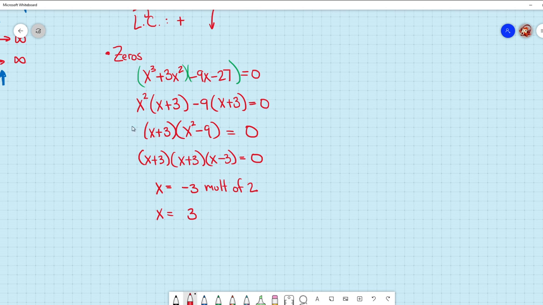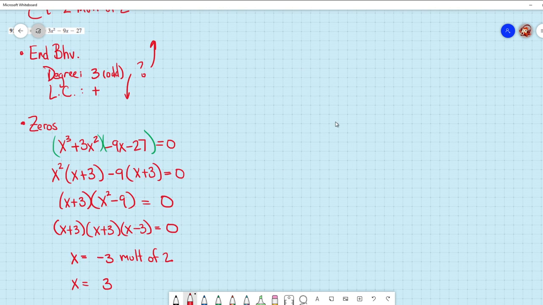Okay, so now we did that. We stated multiplicities. Now it's time for us to put everything together. Let's start making our sketch of our polynomial. So just making makeshift axes here. When I start to make the sketch, I start by putting down my zeros.